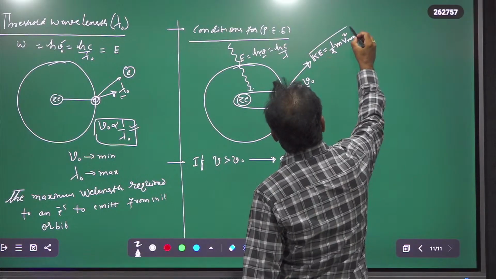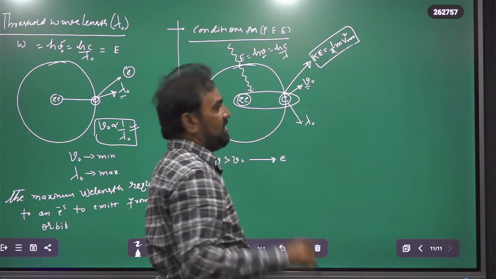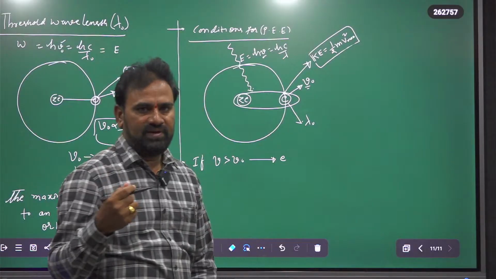The electron is ejected with some amount of energy. In this case, the photoelectric effect takes place.